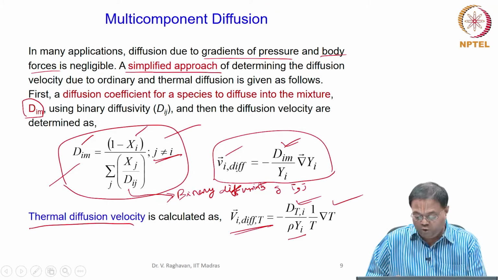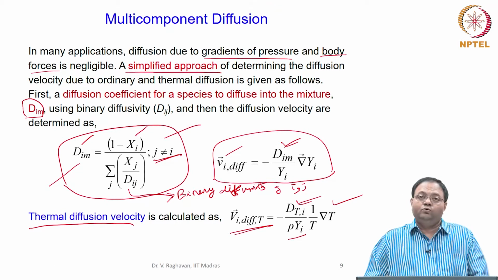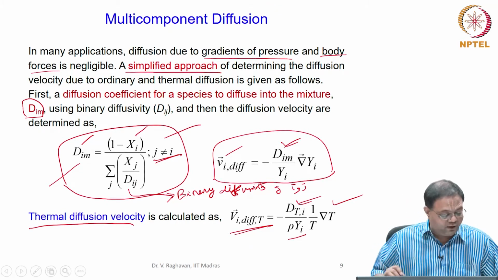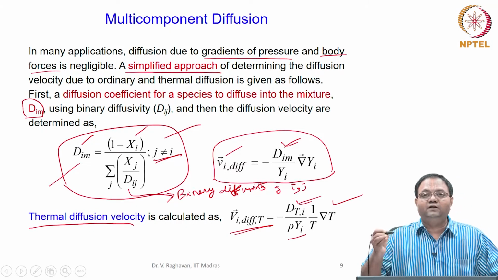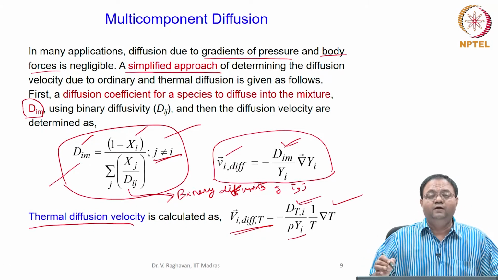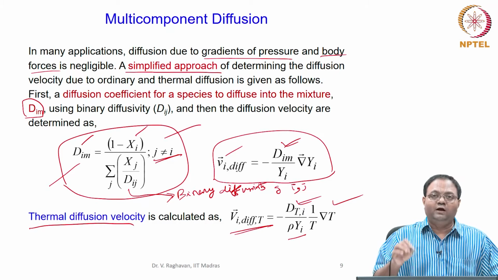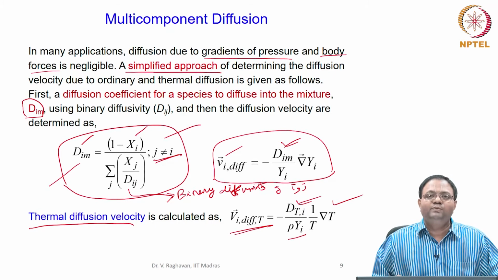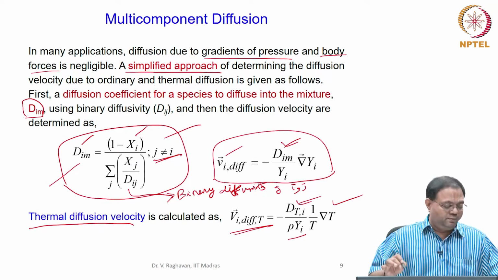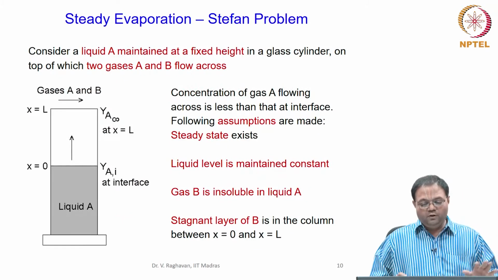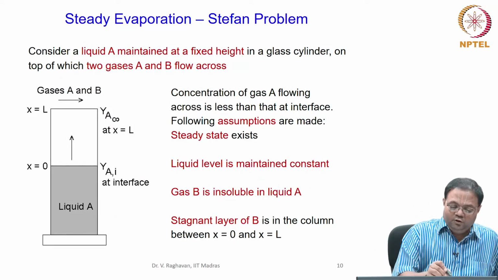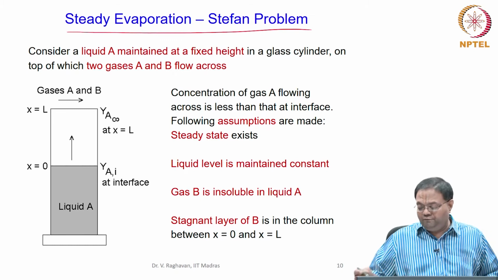So, DTi by rho Yi into 1 by T into gradient of T. This is the way you calculate, and add these two to get the net diffusion velocity of species i at a particular point, and add to that the mixture velocity to get the species velocity of i at the particular point.